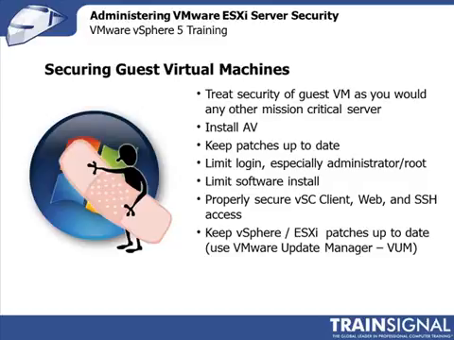You should properly secure vSphere client access, web access, and SSH access to the individual virtual machine and to the virtual infrastructure, and then keep vSphere and ESXi patches up to date. Of course, that doesn't apply specifically to the guest virtual machines, but in general, you want to protect the virtual infrastructure and do it any way you can.